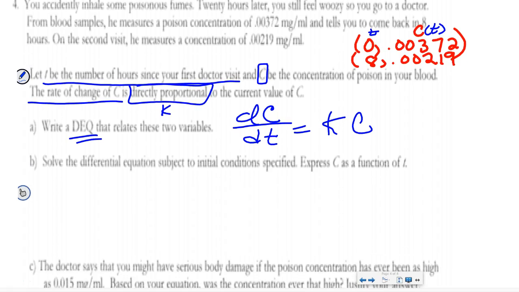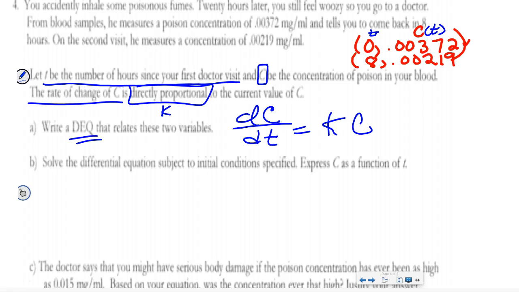Now, because over time the concentration in my blood is obviously going down, you can probably use intuition to know that your K is going to end up being negative in this scenario. This is going to be exponential decay. So we have growth and decay models, and they're controlled by the constant of proportionality being positive or negative. All right, here we go. It says solve it. Don't need to reinvent the wheel.